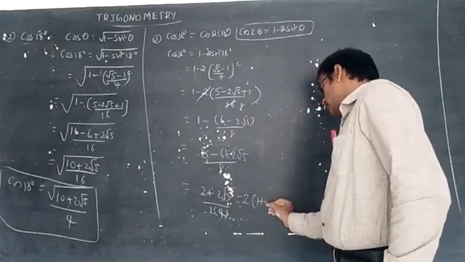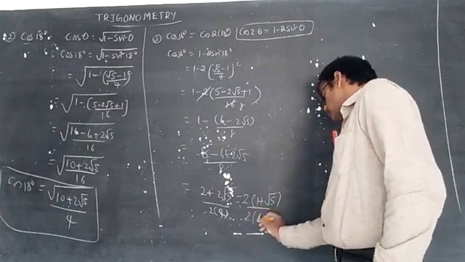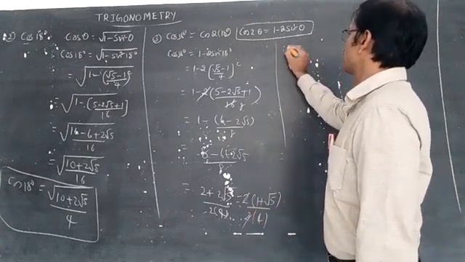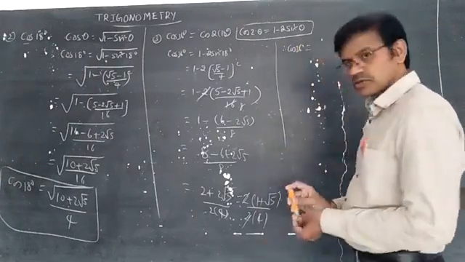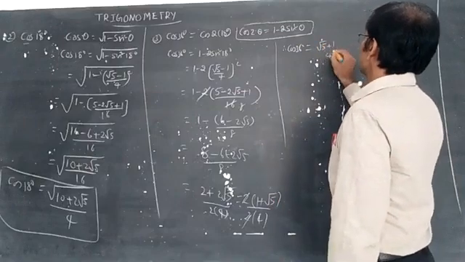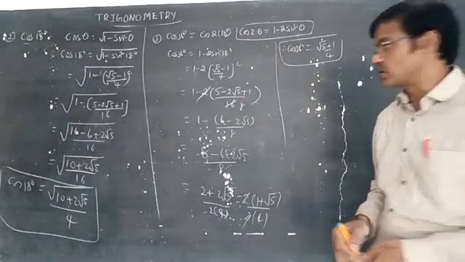Within the brackets, (1 plus root 5) whole by 2 into 4. So 2 gets cancelled. Therefore, cos 36 degrees is equal to (root 5 plus 1) by 4. Cos 36 value, (root 5 plus 1) by 4, we got.